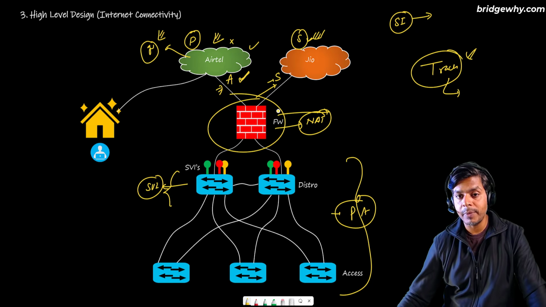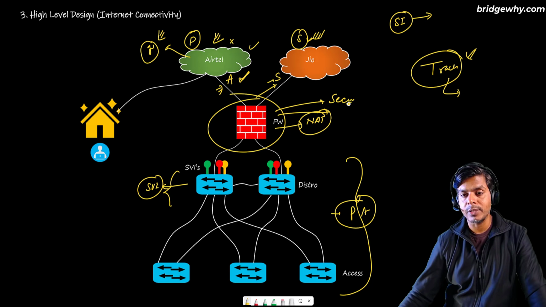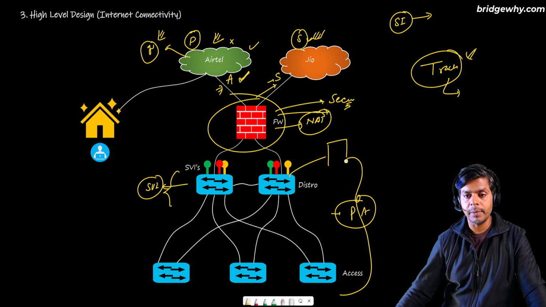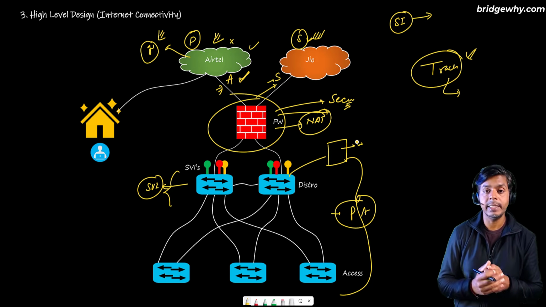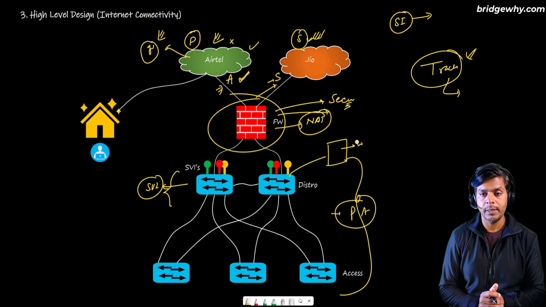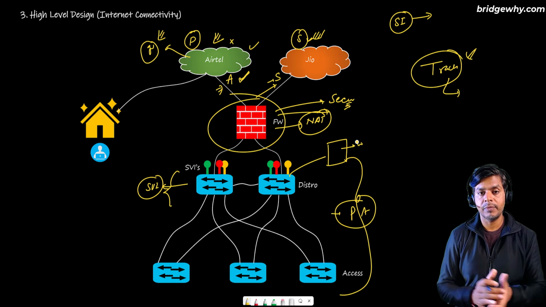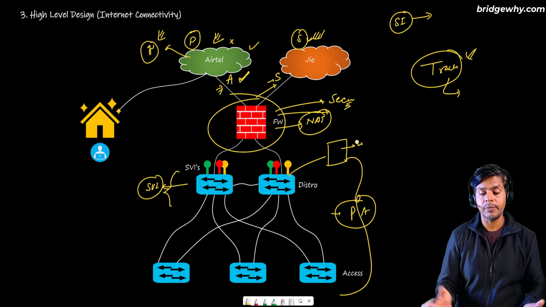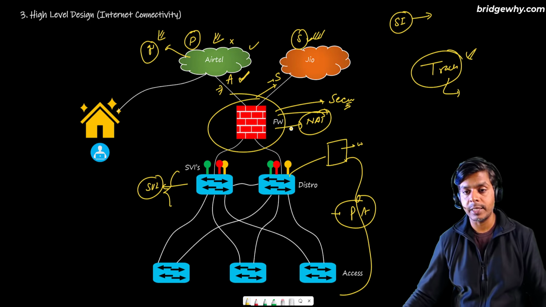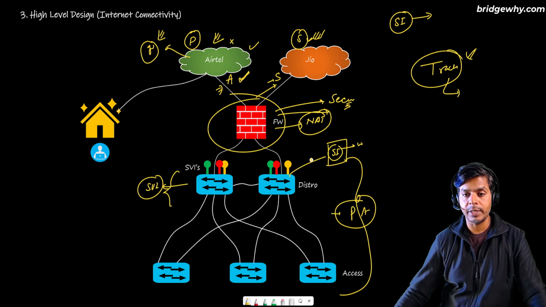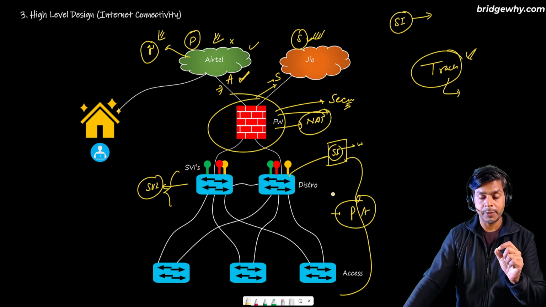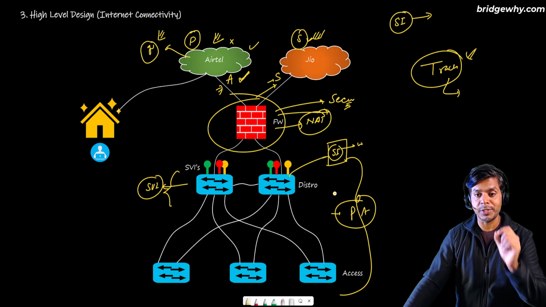But the firewall's purpose is to provide security also. We all know that. Suppose we have connected the Sports India Private Limited website right here, although it should be connected to a demilitarized zone, DMZ, but I don't think we know that much in security. If you know, then you already have an idea that we have to connect it there. But suppose we have connected the server of the Sports India website right here on the distribution switch, although it is not good practice to connect a server which is reachable from the internet to a distribution switch.